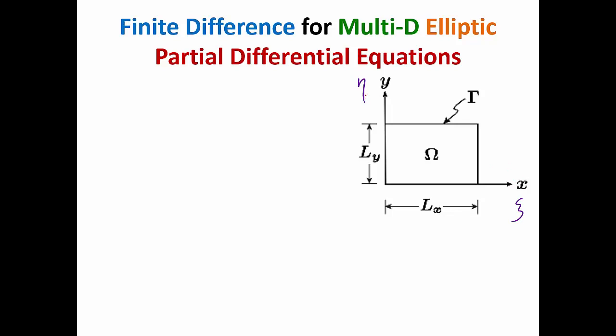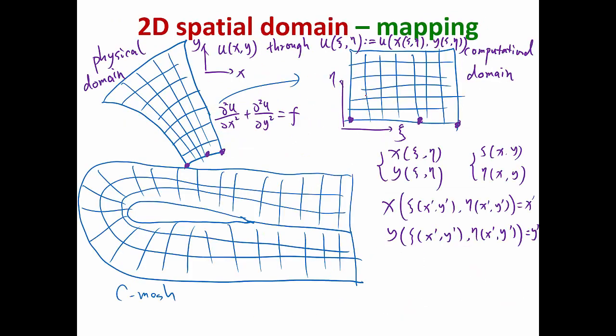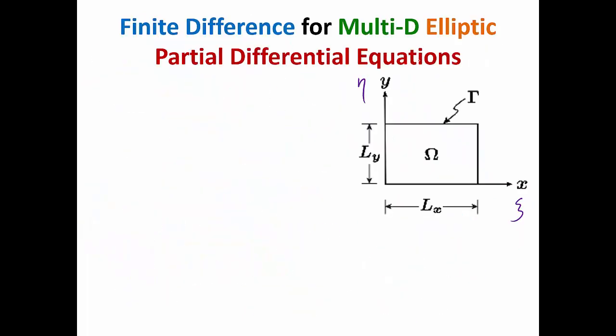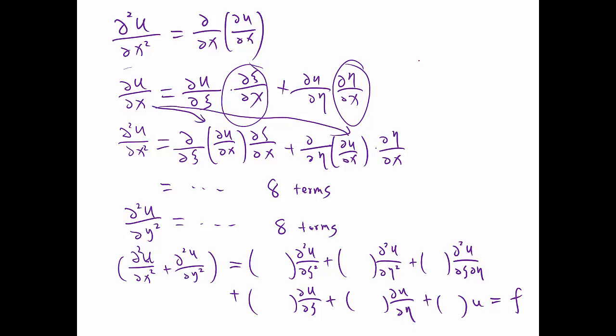But we are going to use x and y in this from now on, because if you have a mapping, you can think of them just as xi and eta. All right. So here we are starting to discuss how to solve the equation in this kind of regular domain. Any questions on the mapping?